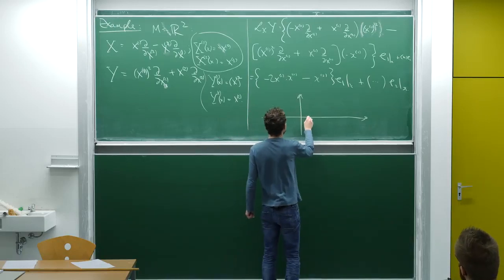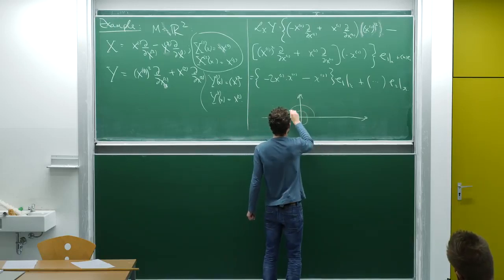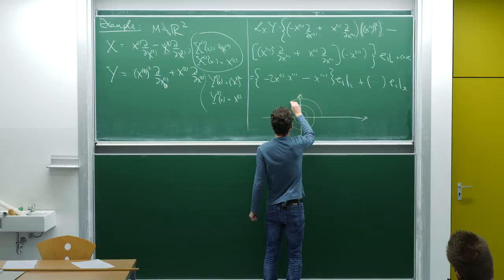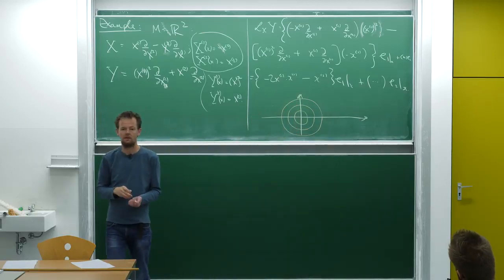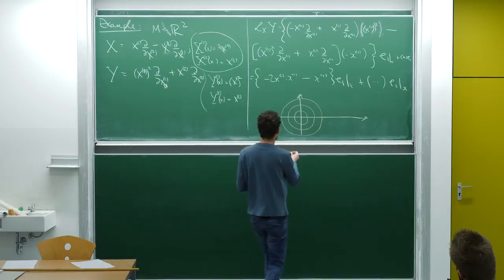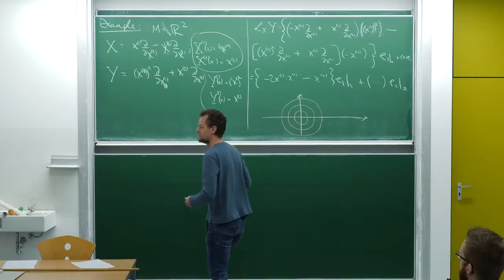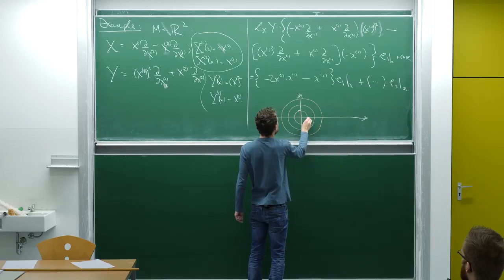So the integral curves of the vector field x are circles. I hope I didn't mess up that. So the vector field x is this one where the vectors point like so.